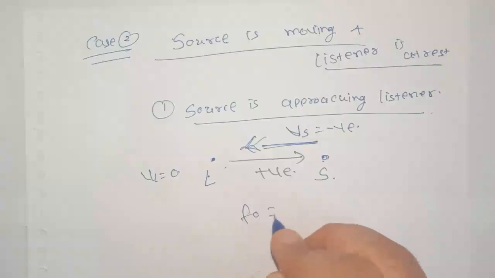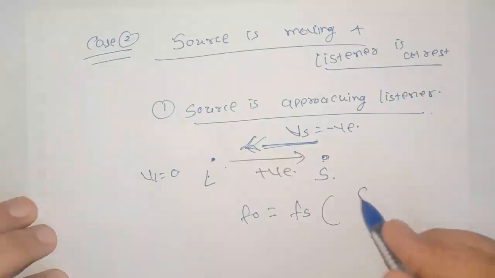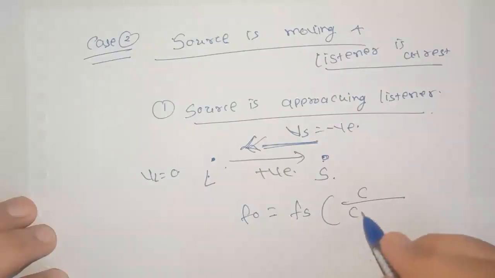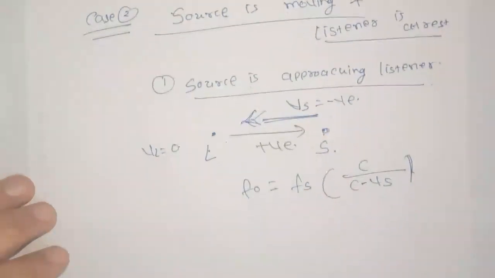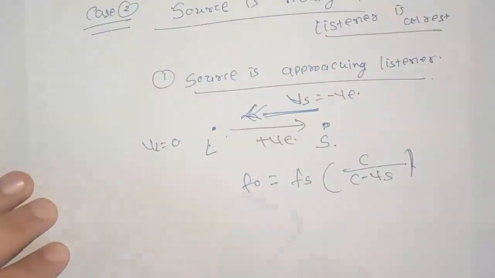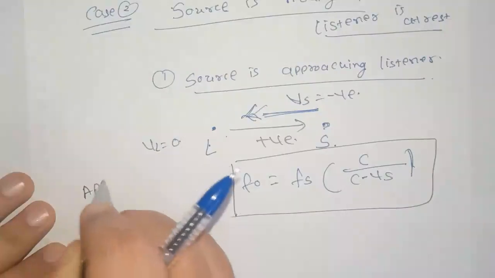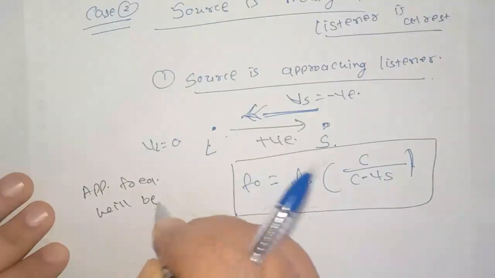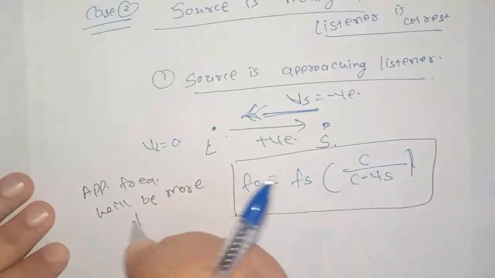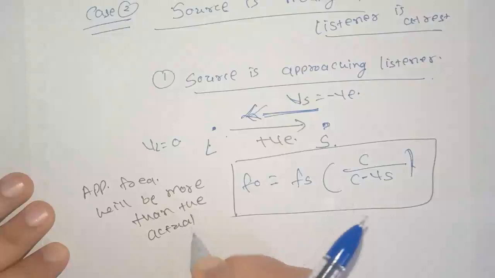So the apparent frequency Fo will be equal to Fs into C divided by C minus Vs. So here the apparent frequency will be more than the actual frequency.